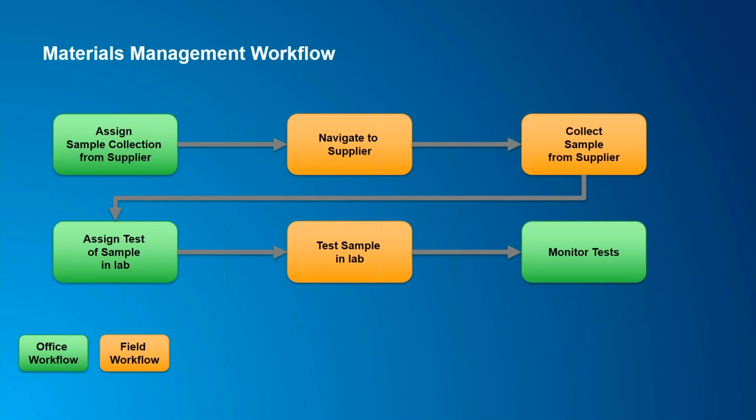We used Workforce on the mobile device, on my iPad, to see what work has been assigned to me. I used Navigator to navigate to that work, and then I used Survey123 to collect a sample at that particular location. When we collected that sample, we scanned a QR code and associated that identifier with that particular sample. We affixed that QR code to the sample to travel back into the lab.